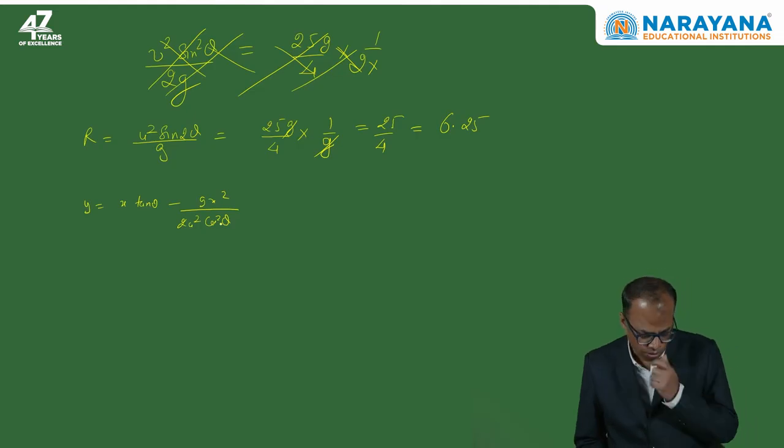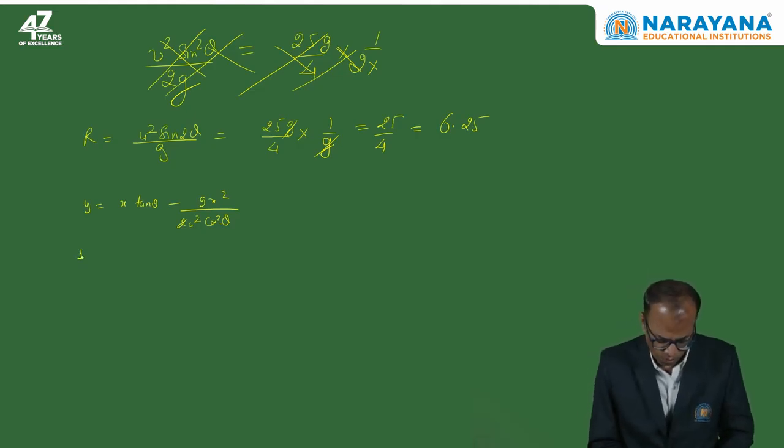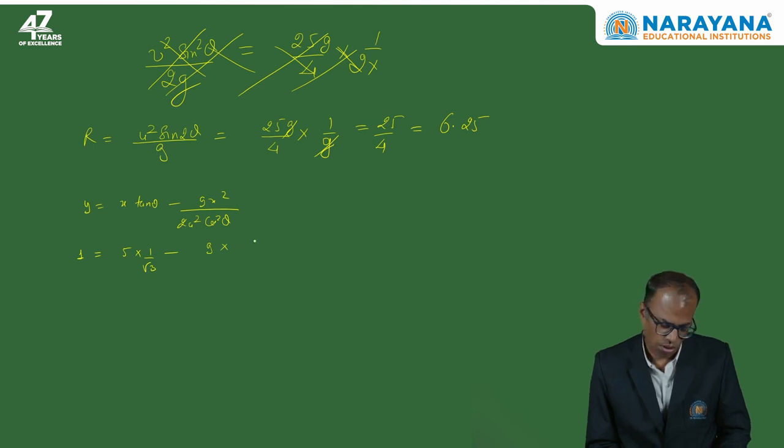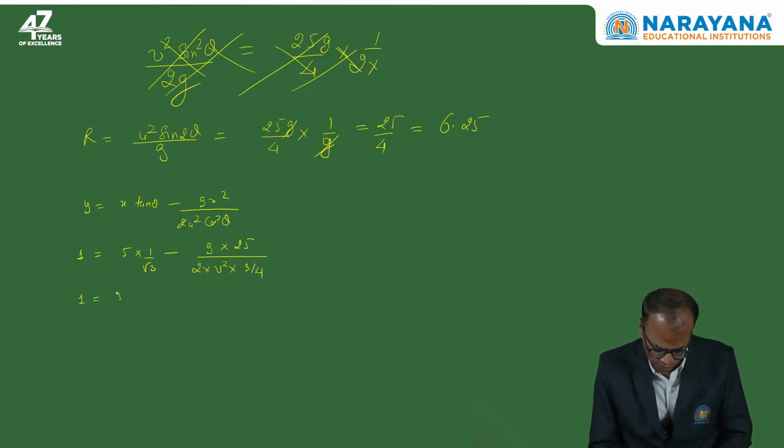First I put theta equal to 30, y 1, x 5, to find the speed. So 1 is equal to 5 times tan 30, which is 1 by root 3, minus g times 25 upon 2 into v squared into cos squared 30, that is 3 by 4. So I get 1 is equal to 5 by root 3 minus.